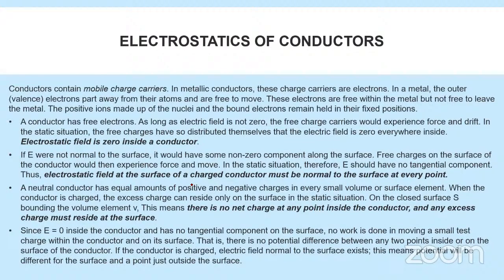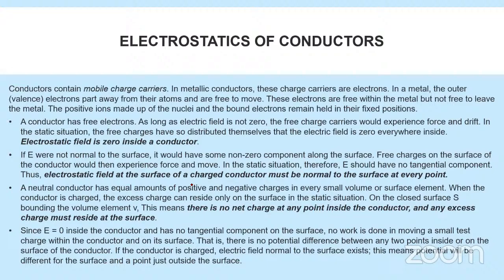So in a static situation, the charges are so distributed or positioned that the electric field is going to be zero everywhere. That is why we can say that inside a conductor, the electrostatic field is zero. This is one of the first properties when we are considering conductors.